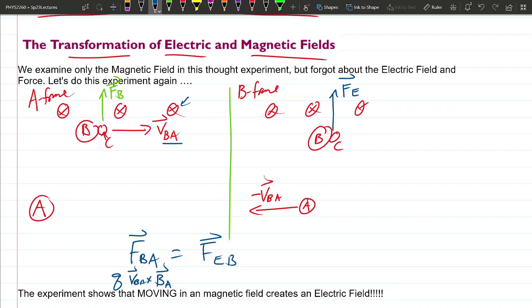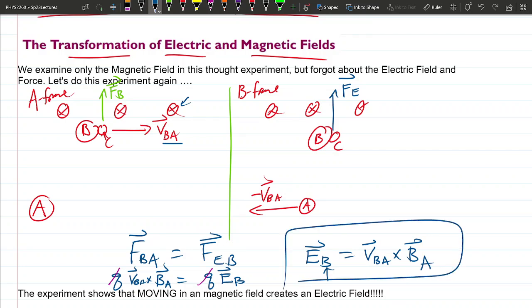That has to equal the charge times the electric field being observed by Brittany in Brittany's frame. Since they are the same charge, these will go away. So we have a way to calculate the electric field that gets created in Brittany's frame, due to a charge that is moving in a magnetic field in Alex's frame.